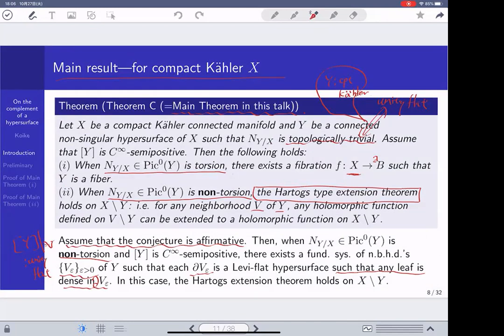That's why this second assertion follows from the conjecture. So I'd like to explain this second assertion as a kind of partial solution, or supporting evidence of the conjecture.